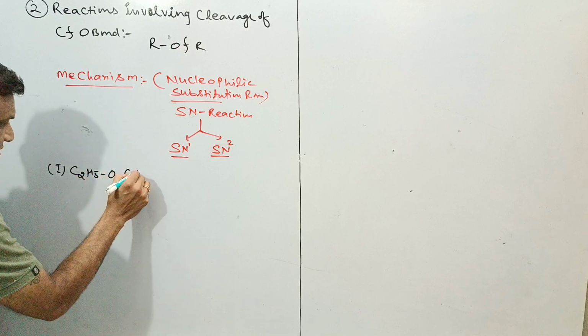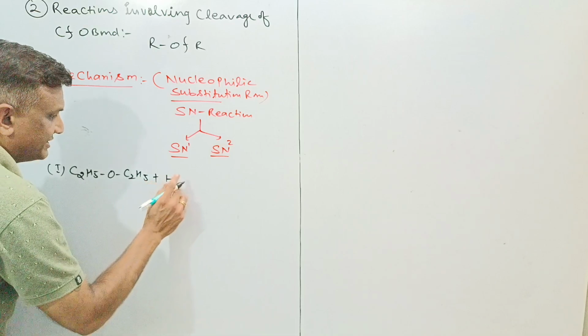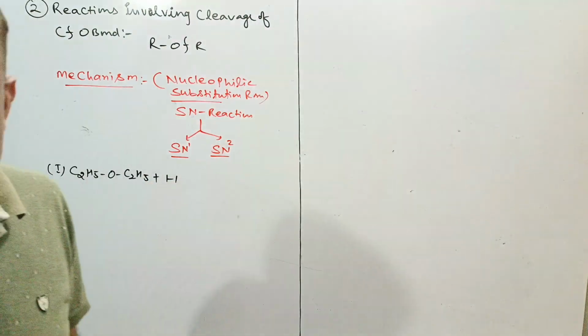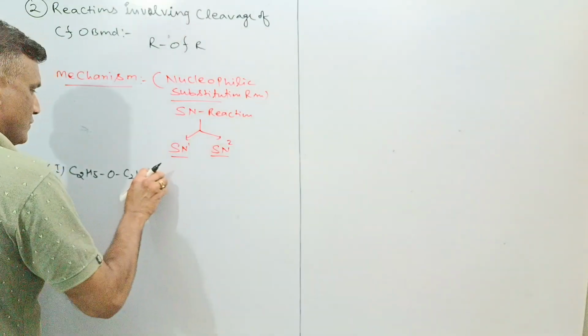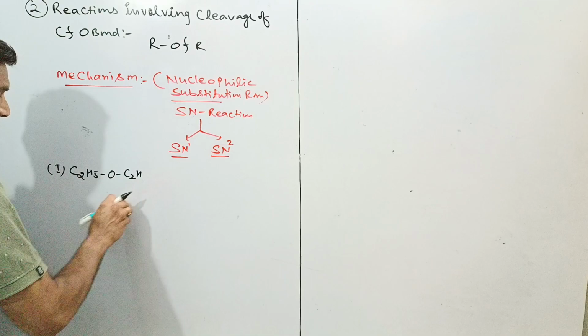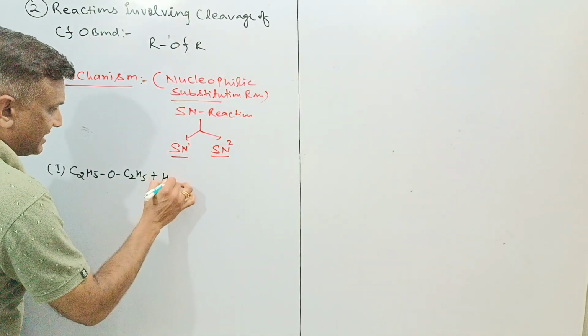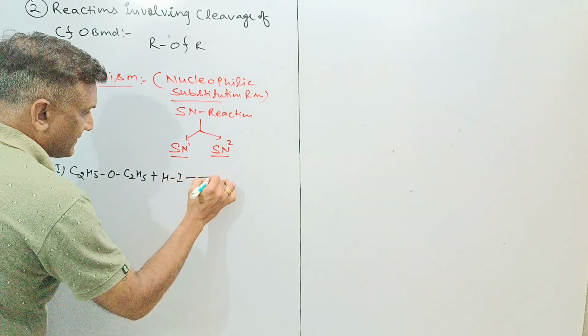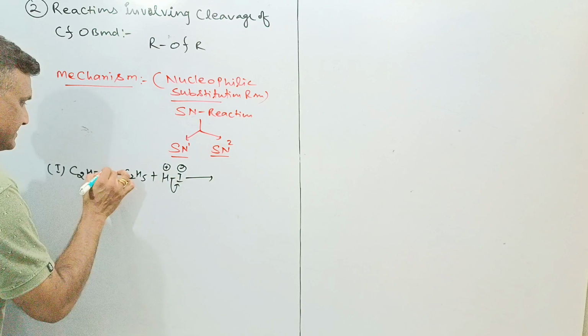C2H5OC2H5. The first step is called the chain initiation step. So in the chain initiation step, listen to me carefully. This is the C2H5, this is the HI. The electronegativity of I is greater than H plus.